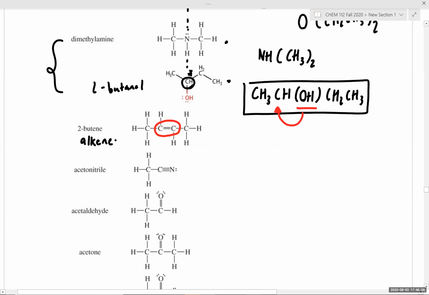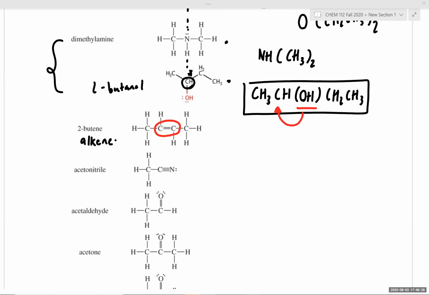Although 2-butene is symmetrical, we generally only invoke the symmetry shortcut when we have a central heteroatom.